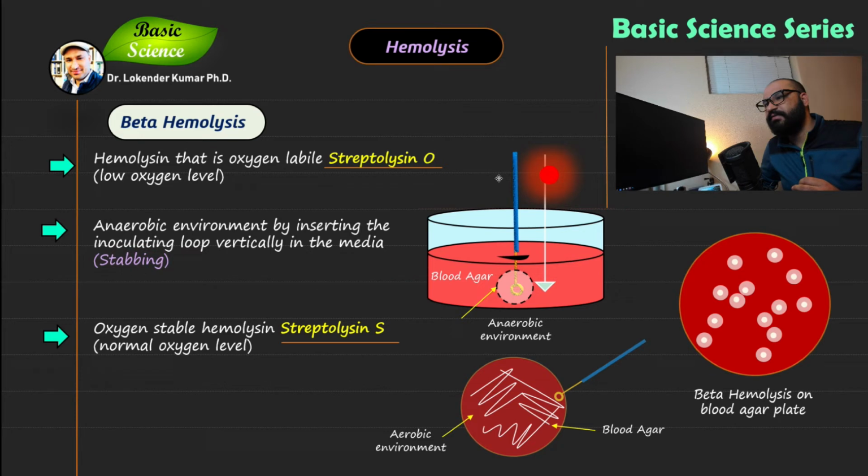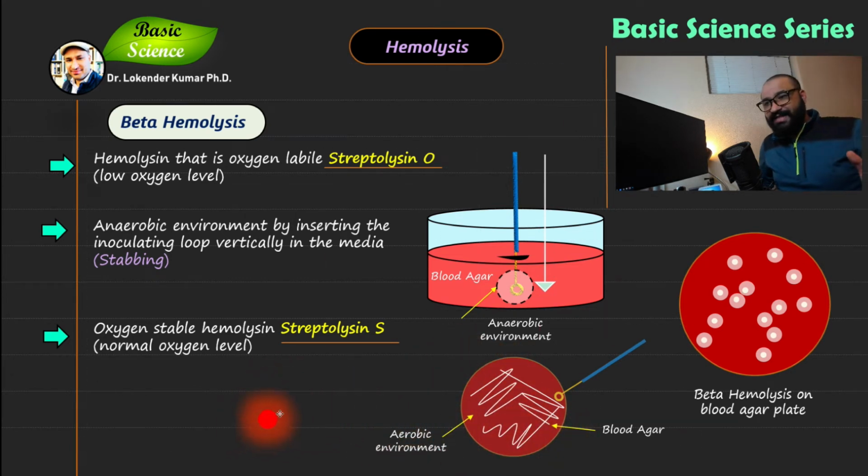As you can see, I have designed this illustration here. What I'm trying to show you is the blood agar plate. If you are streaking the bacteria using the inoculation loop on the surface of the blood agar, the bacteria will be grown under normal oxygen condition, unless you are using an anaerobic jar, an anaerobic incubator, or other technologies, for there are various kinds of technologies that you can use for anaerobic culturing.